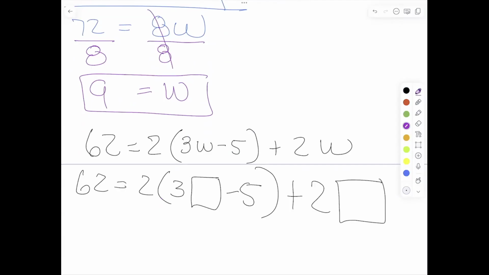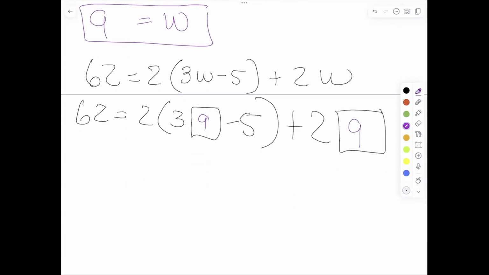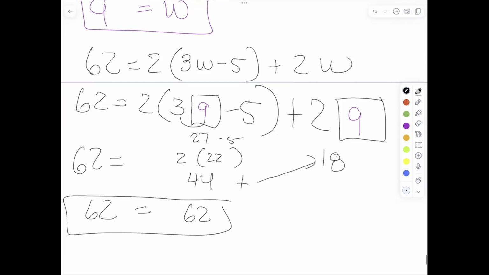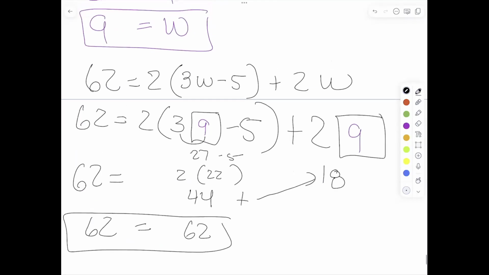It's 9. So I have 62. What is this? 3 times 9 is 27. 27 minus 5 is 22. 22 times 2 is 44. And this is 18. 44 and 18, is that 62? Yes, that works.